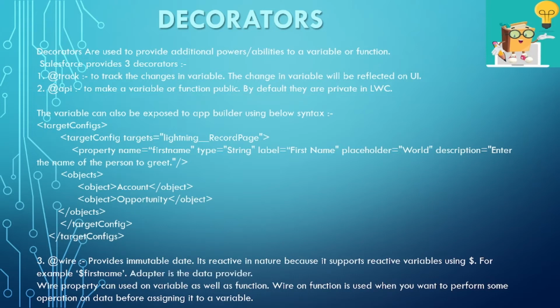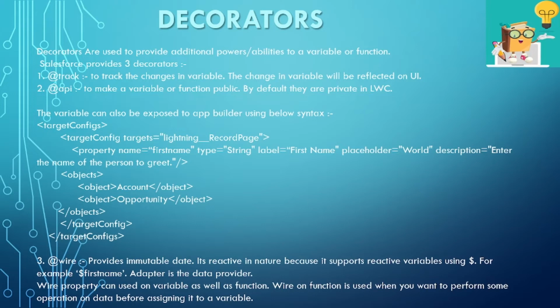So our next decorator is @api. In Lightning Web Components, all the variables which you declare in your JavaScript controller are private in nature. This means that you cannot use or call those functions or attributes outside your Lightning Web Component.